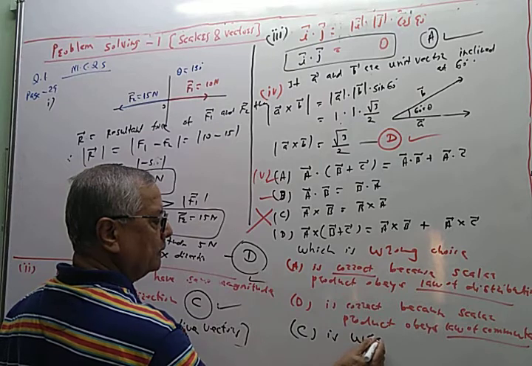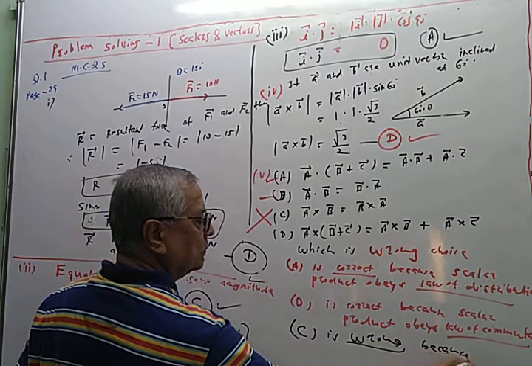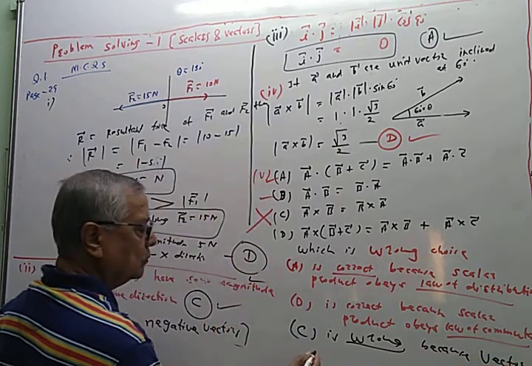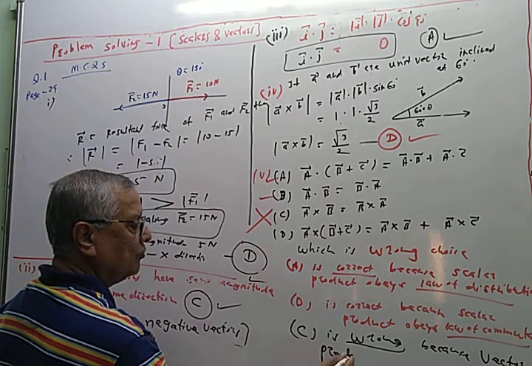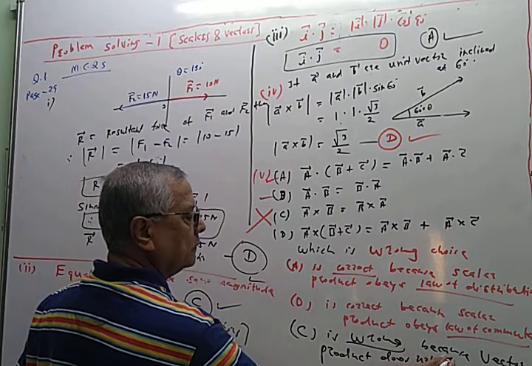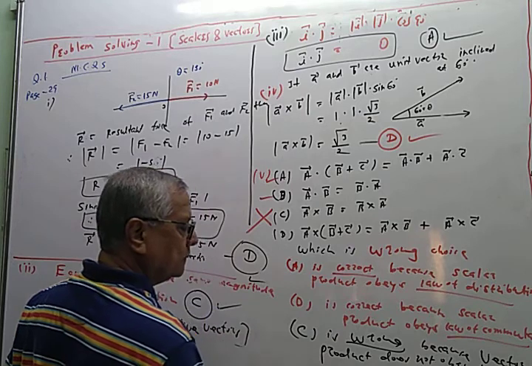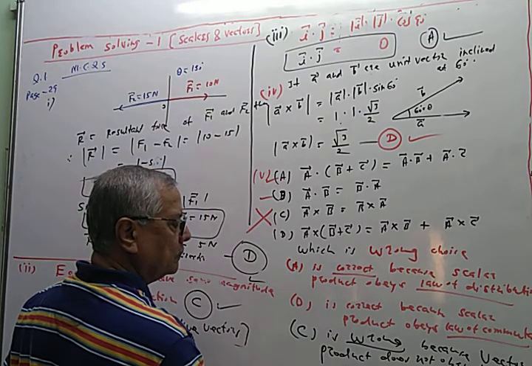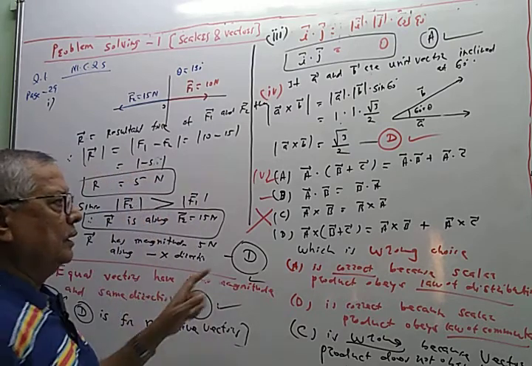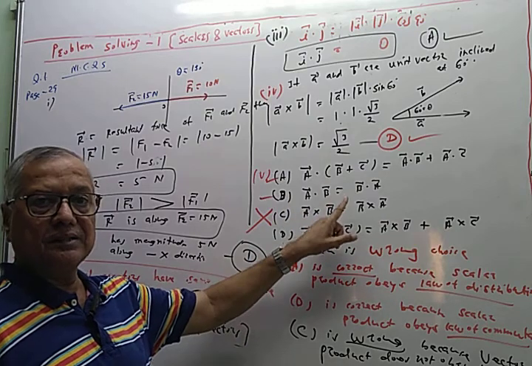C is wrong because the vector product does not obey the law of commutation. Actually in this equation, कुठल्या तरी एका साइडला मायनस आपण घेतो.